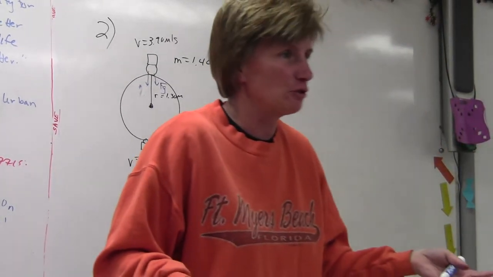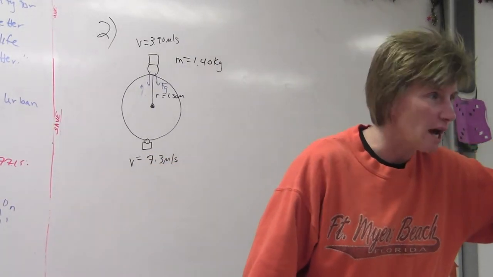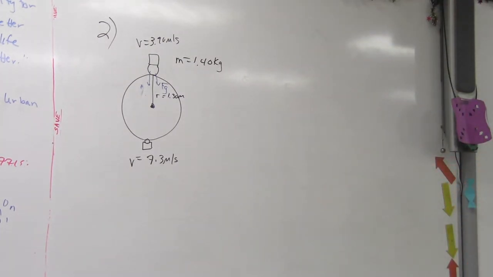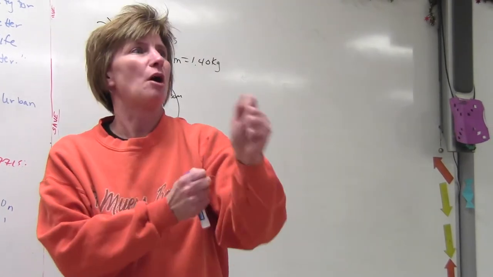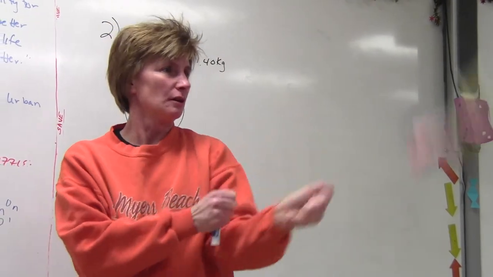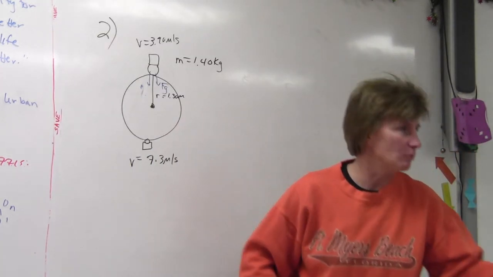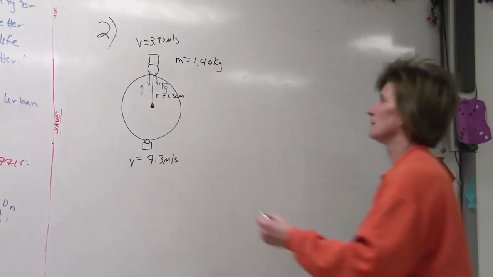If it's not on the surface, we don't have a normal force in a bucket thing. What do we have? What's keeping the bucket in this circle? Gotcha. The tension. So it's not normal force like a roller coaster ride, it's tension.